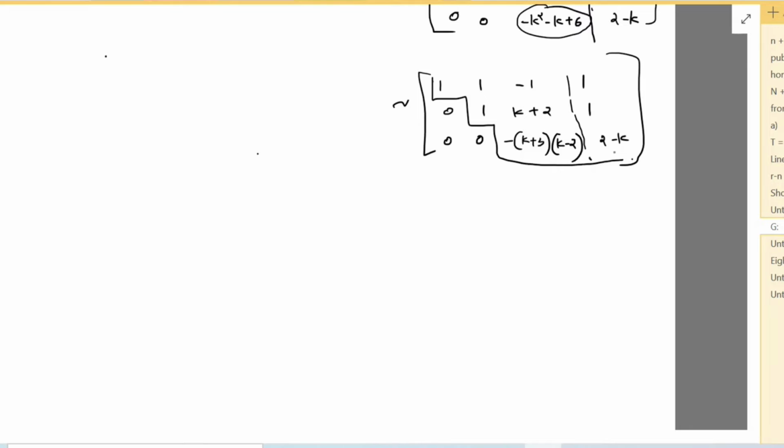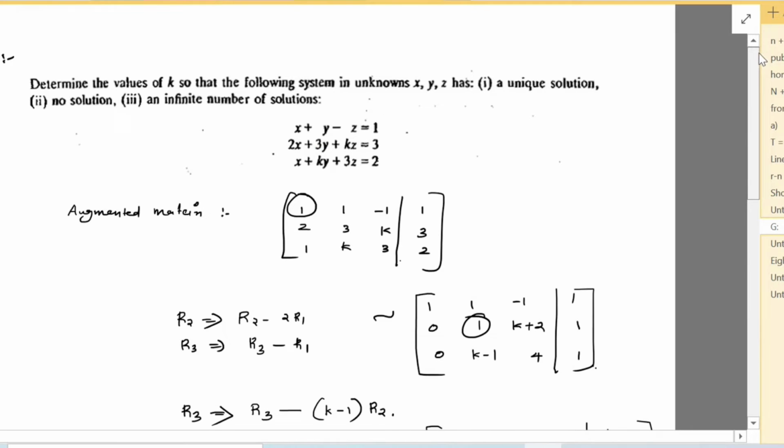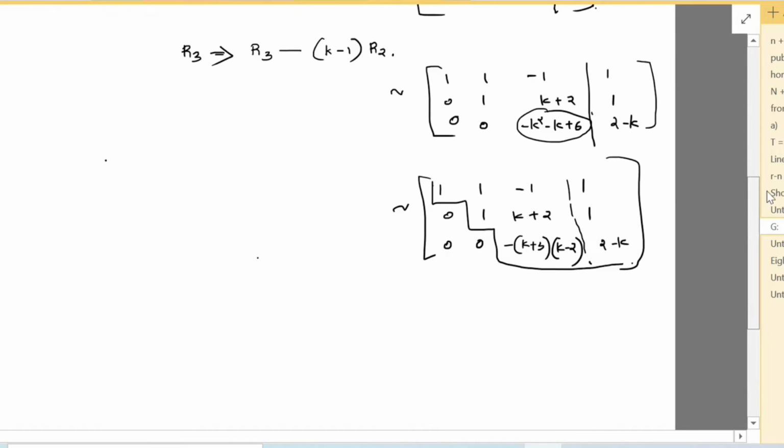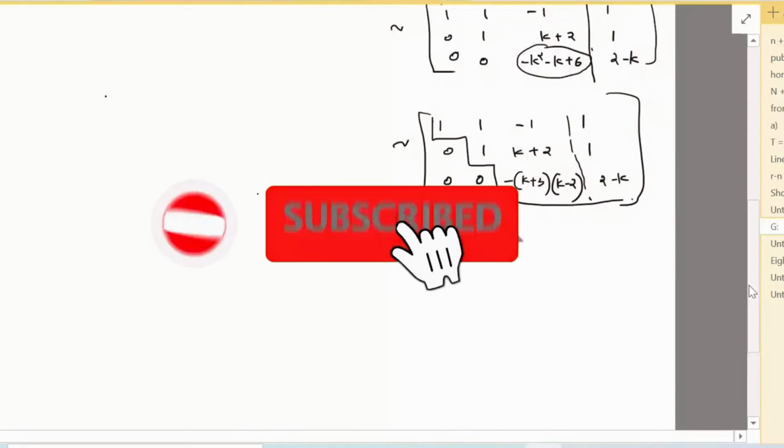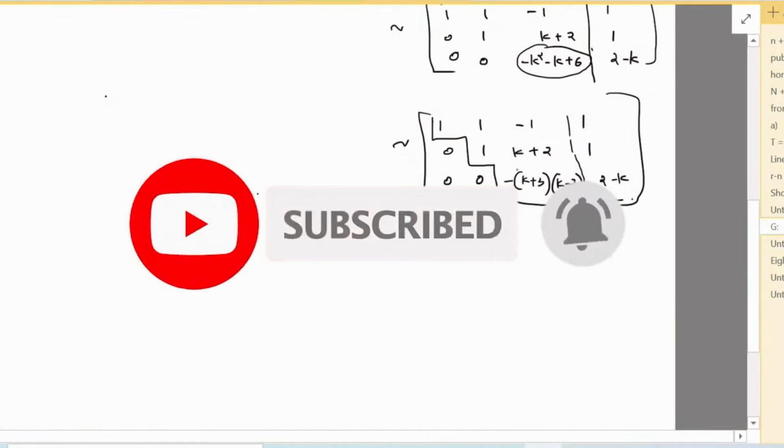Now we will move on to the question. What was our question? We need to find the value of k so that it has a unique solution, no solution, and an infinite number of solutions. So look at the third leading coefficient.